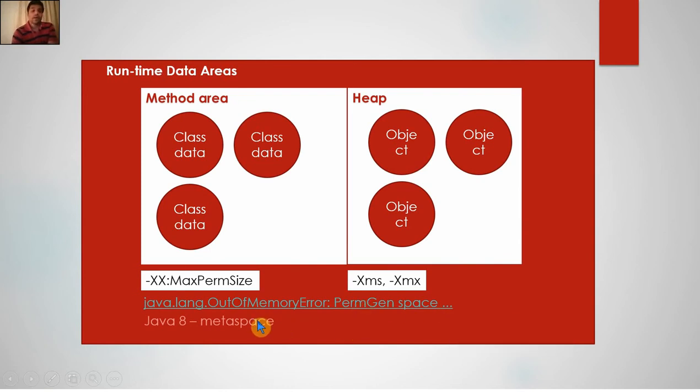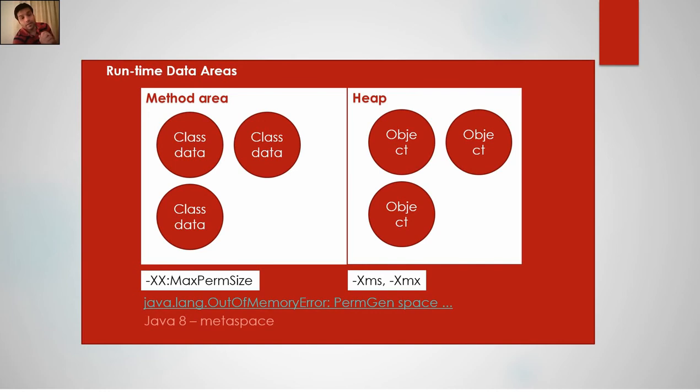So actually, since Java 8, they have gotten rid of the method area or the permgen, which is now called the metaspace in Java 8. So what they have done is moved the permgen or method area into a separate memory in the native operating system, and that is called the metaspace.